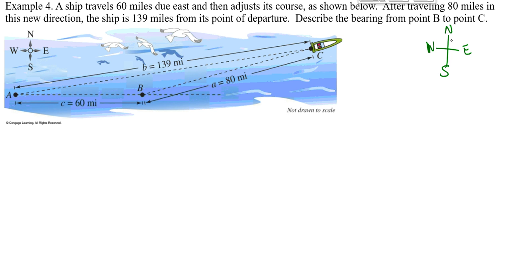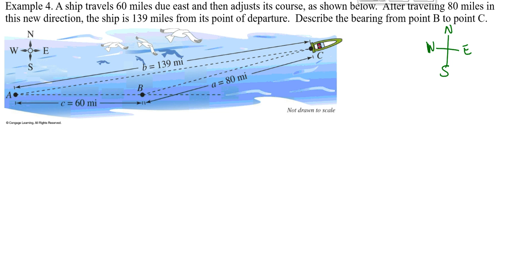It's always north so many degrees east or north so many degrees west, south so many degrees west or south so many degrees east. So just keep that in mind. That's the bearing part. And this one does give us the picture, and I'll just read through it.